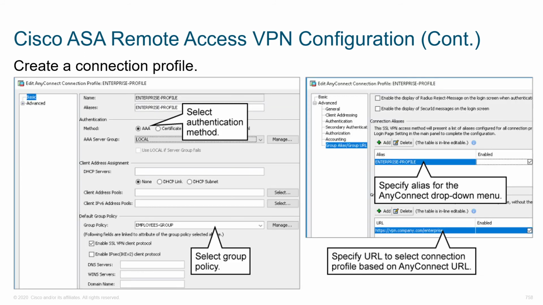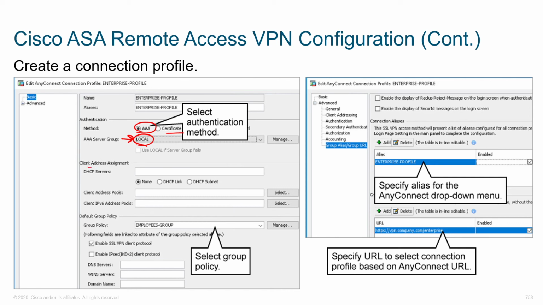Nah, we're good. So looking at connection profiles, here's where we could see the authentication method next. Do we want to use AAA or do we want to use certificates? If we use AAA, what's the server group? Local is your local user database. Alternatively, we can point it to a group of RADIUS servers that contain valid users. Maybe it points to Active Directory.